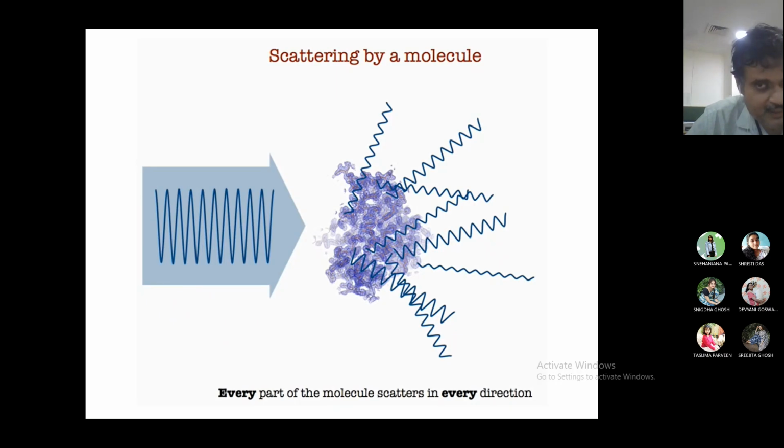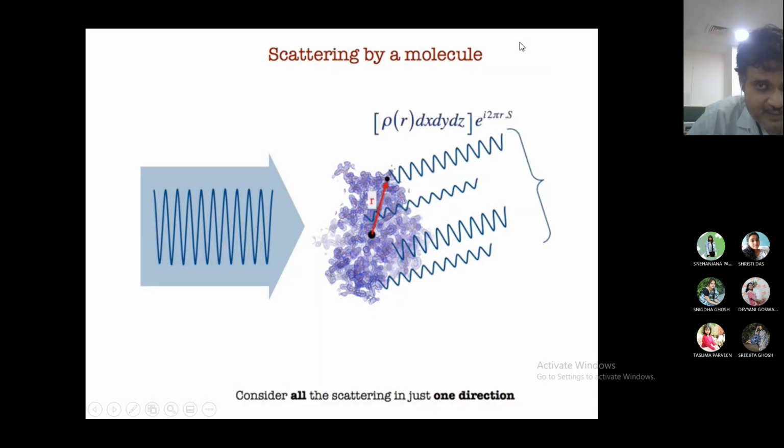That we can do by taking an X-ray film over there. We can easily measure the total flux of rays that is going in this direction. In summary, we are going to consider all the scattering in just one direction first.